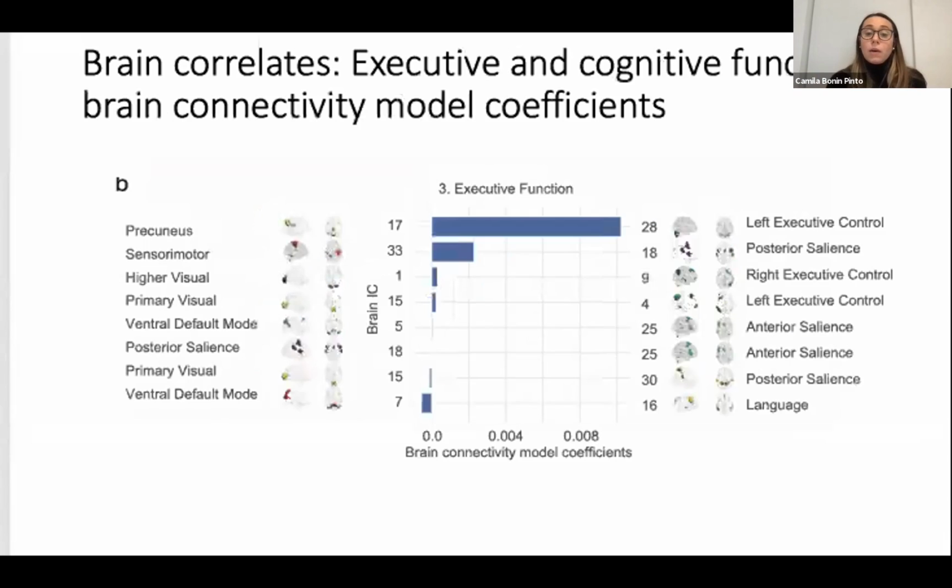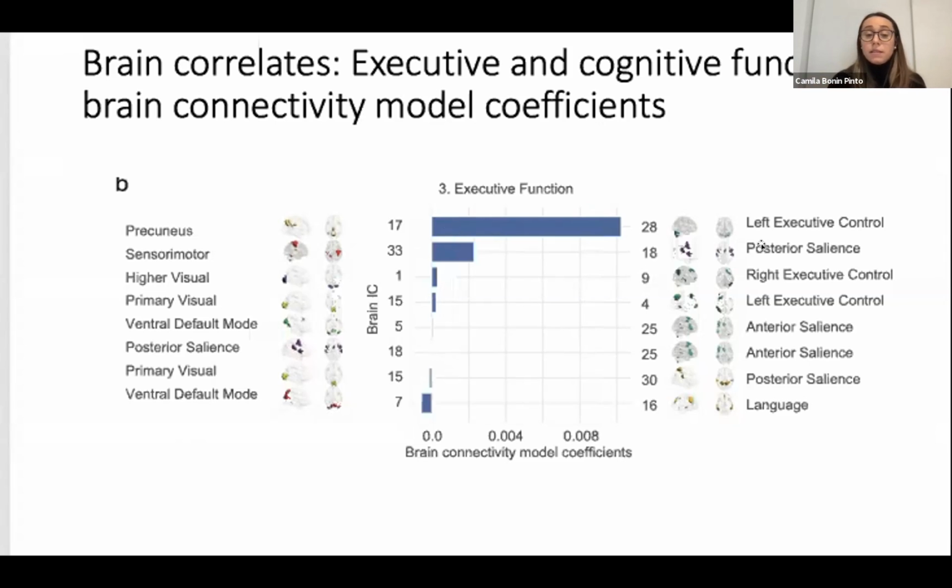We also found significant results for the executive and cognitive function trait. And here, eight pairs of large brain networks entered our final model. Again, the blue bars correspond to the model coefficients, showing that higher connectivity between the precuneus and the left executive control network indicates higher values of a specific participant on that trait.